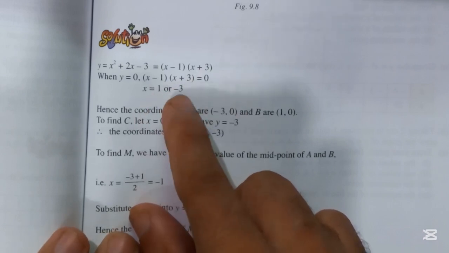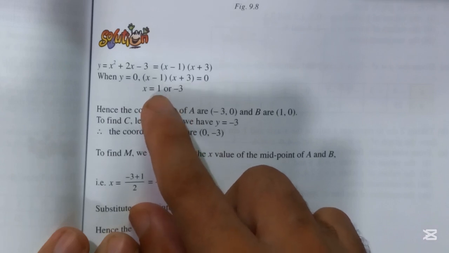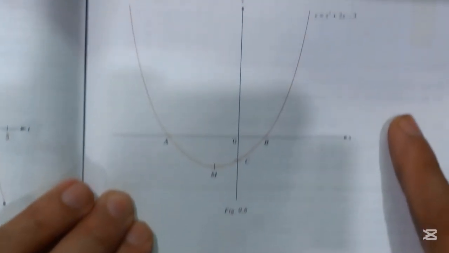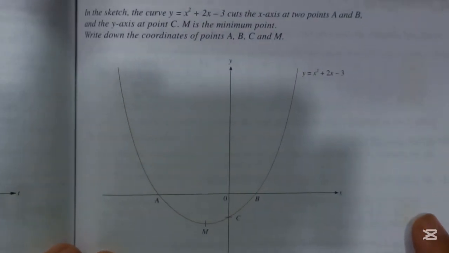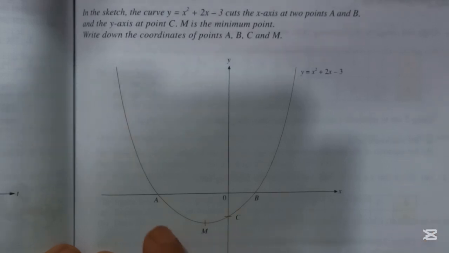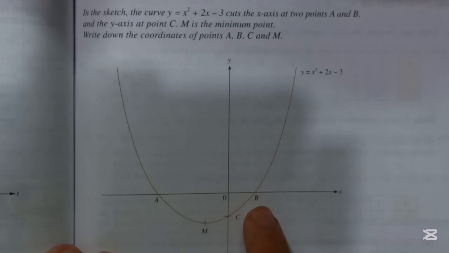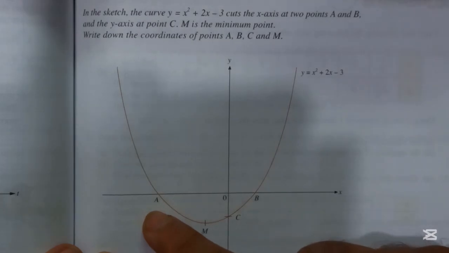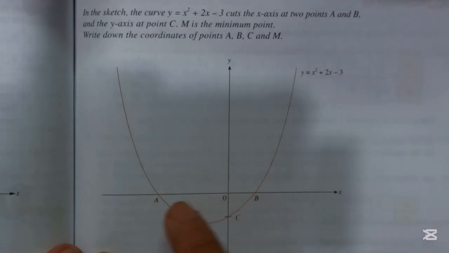So these are the points on the x-axis. The points will become 1, 0 and minus 3, 0. Look again on the curve. A is the point on the negative x-axis and B is the point on the positive x-axis. So this will be minus 3, 0 and this will be 1, 0. So A and B are done.